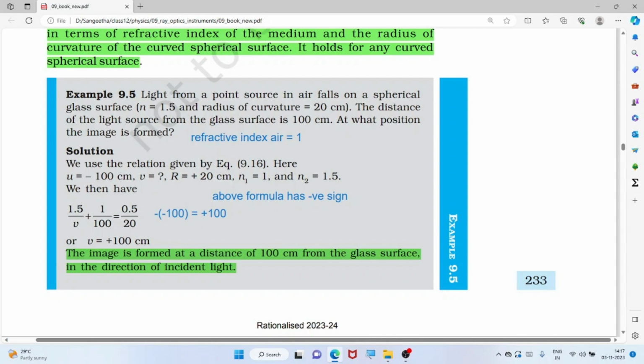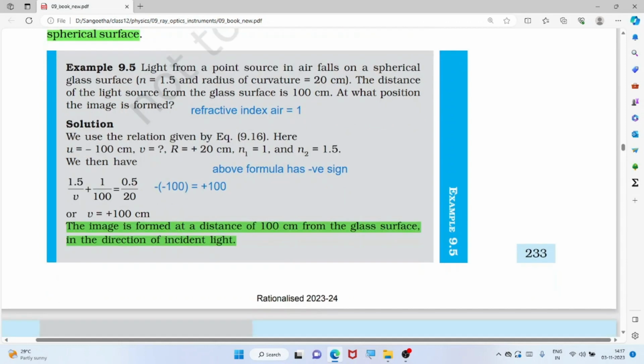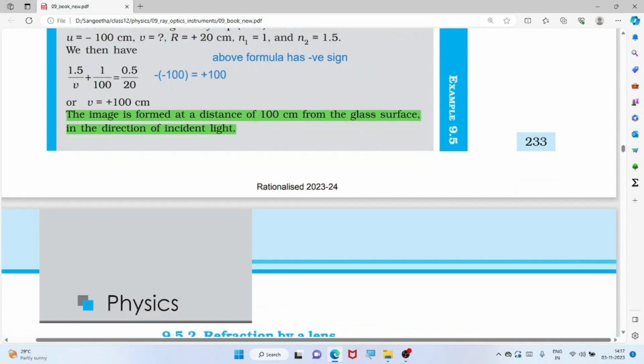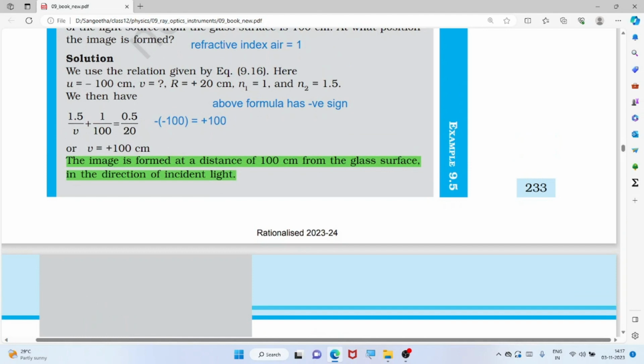So here you have to take the refractive index of air as 1. There is a minus in the formula and there is one more minus, so this is negative. This is based on the lens formula, 1 by v minus 1 by u equal to 1 by f.